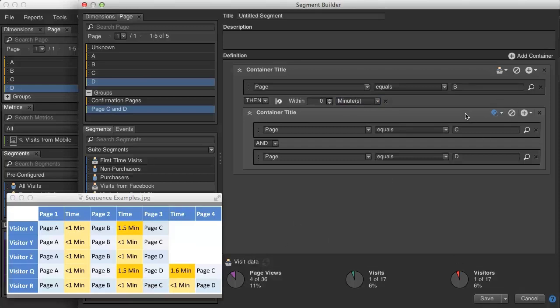So that's a good example of how you can use the logical group in connection with the then statement and the time intervals as well. Now, one last thing before I close off, keep in mind that as you are segmenting here, all of this depends on the data within your time range.